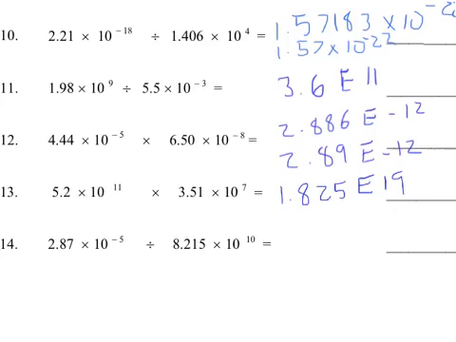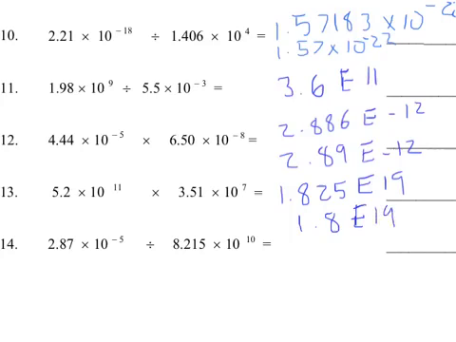If you think about it, I have 3 significant figures here, I have 2 significant figures here, so I had to round my answer to 2 significant figures. I get to keep the 1, I get to keep the 8. Since this is 4 or less, I don't round up, so I've got 1.8 E19. That's a terrible E.